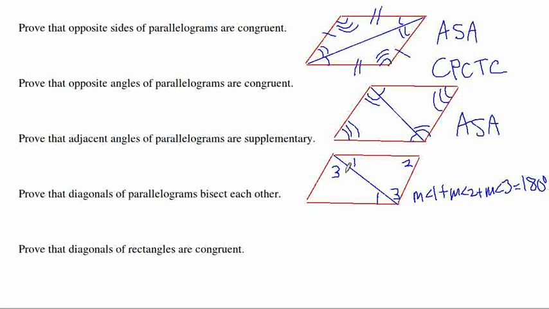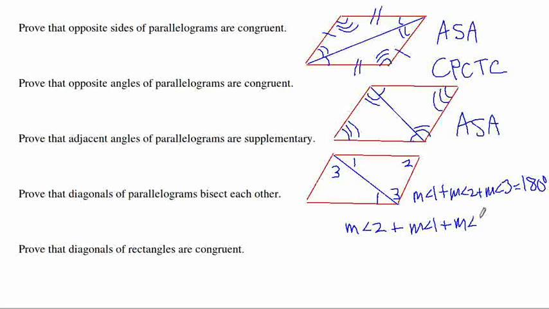Okay, now look at both pairs of adjacent angles that contain angle 2. The measure of the sum of the pairs of adjacent angles that contain angle 2 is the following. Well, it's 2 plus, and then the adjacent angle is composed of combining angle 1 and angle 3.